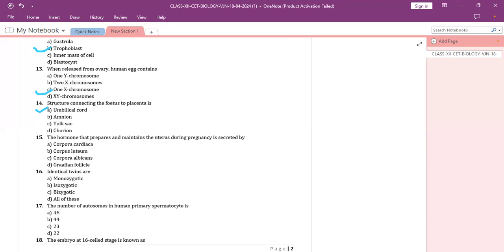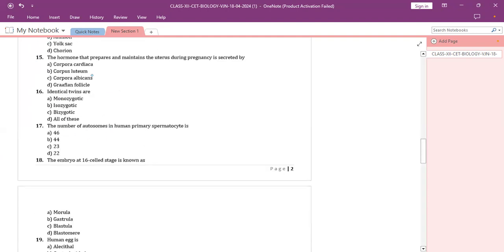It is found in placental mammals, and it is the connecting link between the developing embryo or fetus and the placenta, which helps in exchange of gases, transportation of food, etc., between the fetus and the mother. So the right option is A.